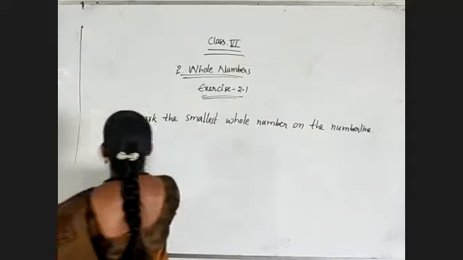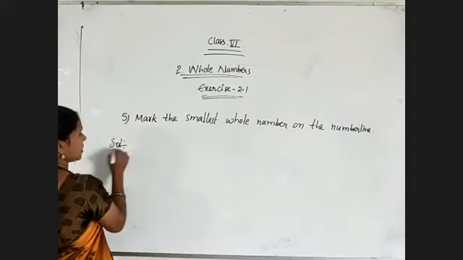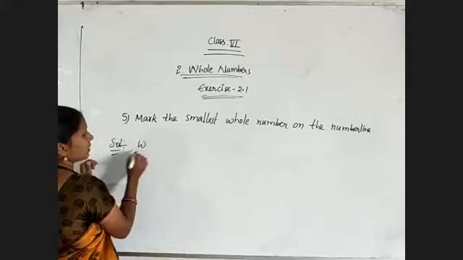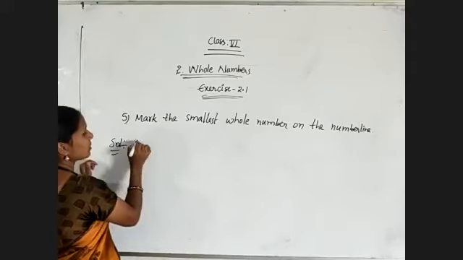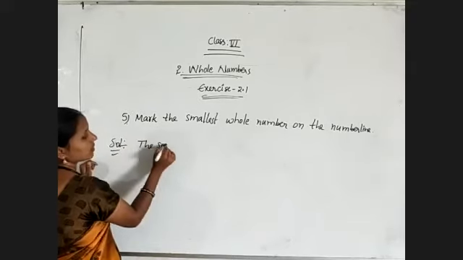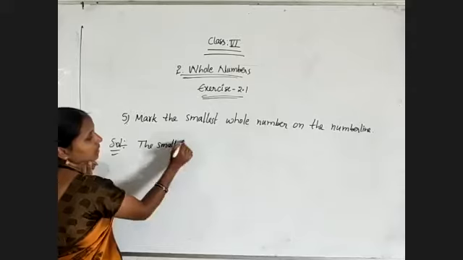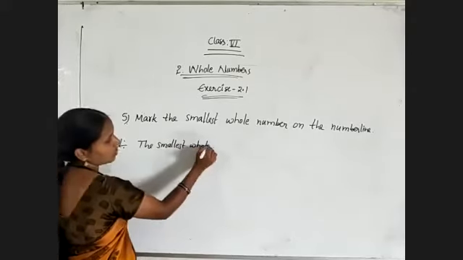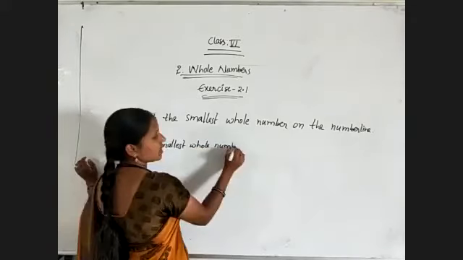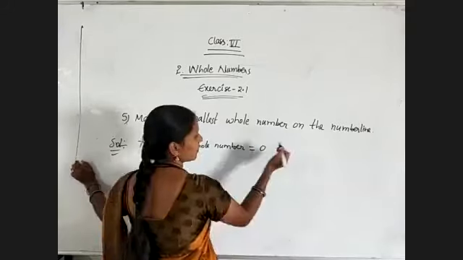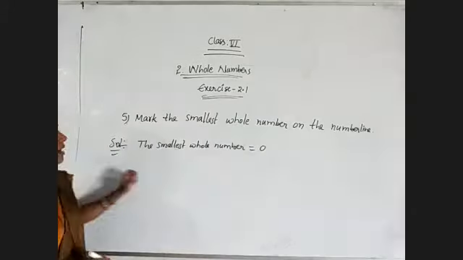So first of all, what is the smallest whole number? If you know, right? The smallest whole number is 0. Yes?